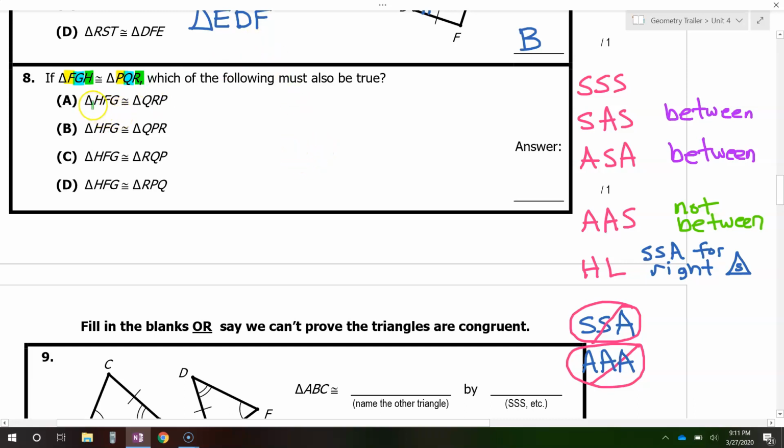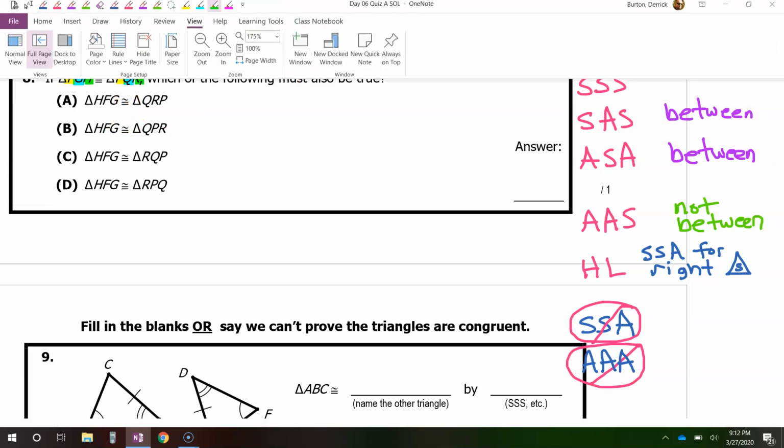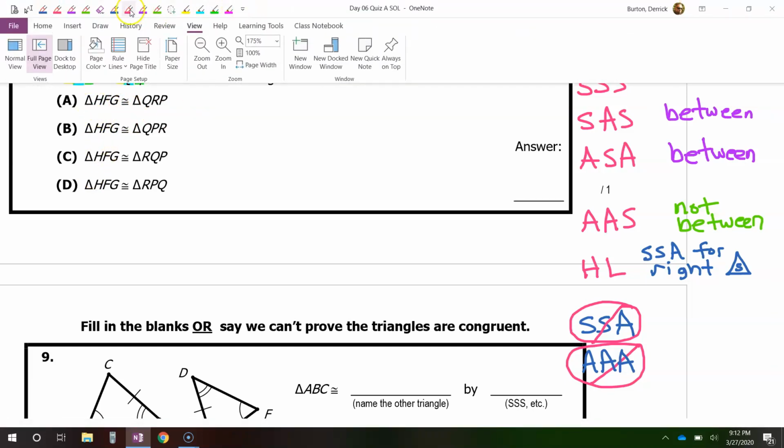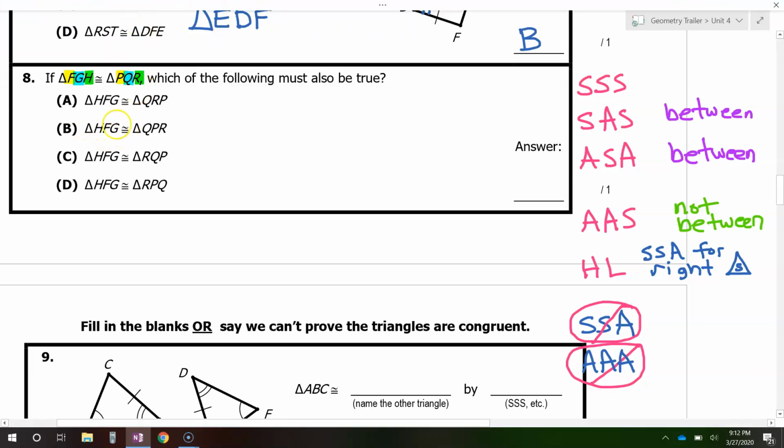Now, here we have rearranged things. All of these choices start with triangle HFG. So we have triangle HFG. And the question is, what will that be congruent to? Triangle. Well, let's see.